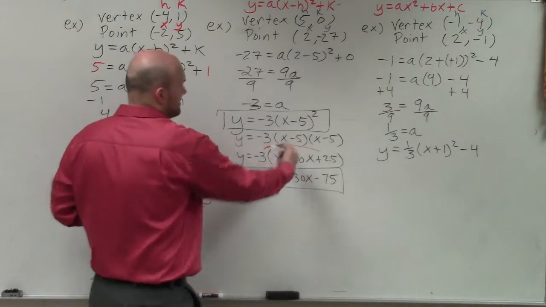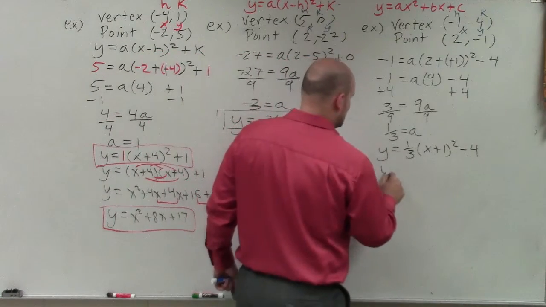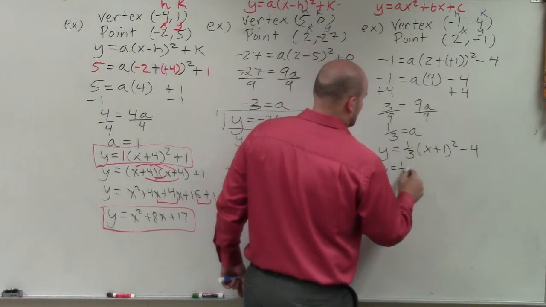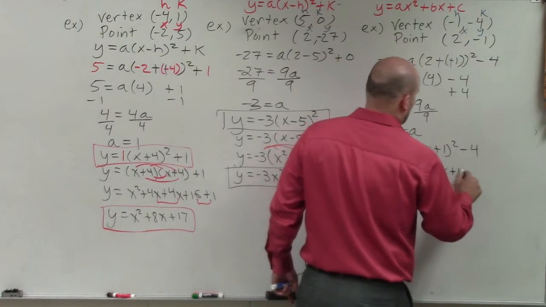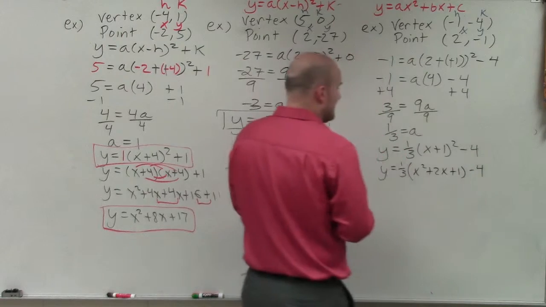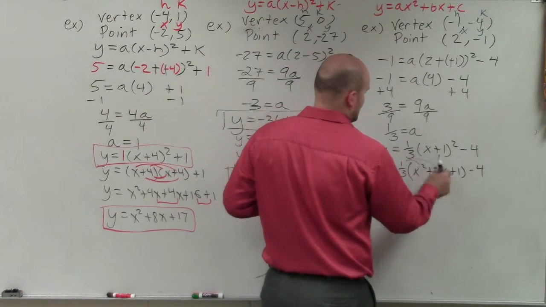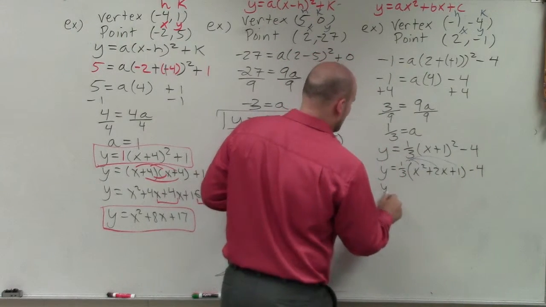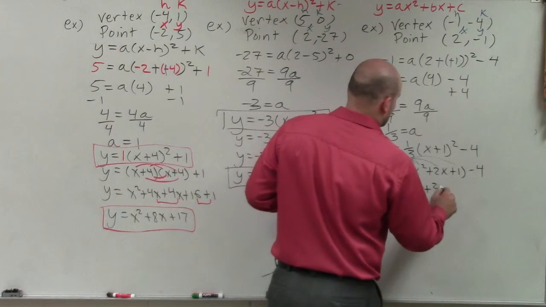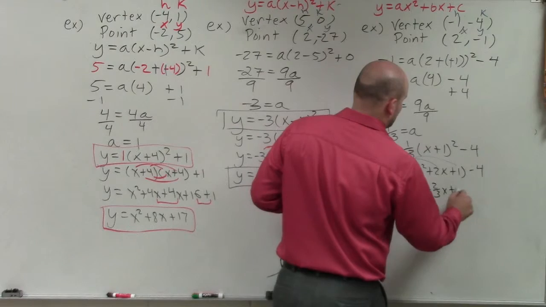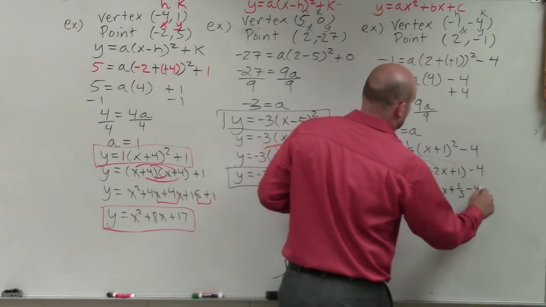I know it's a perfect square trinomial, so that's going to be x squared plus 2x plus 1 minus 4. Then I need to distribute my 1/3. So I get y equals 1/3 x squared plus 2/3 x plus 1/3 minus 4.